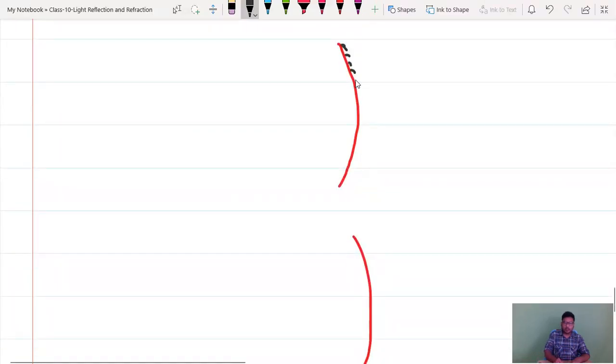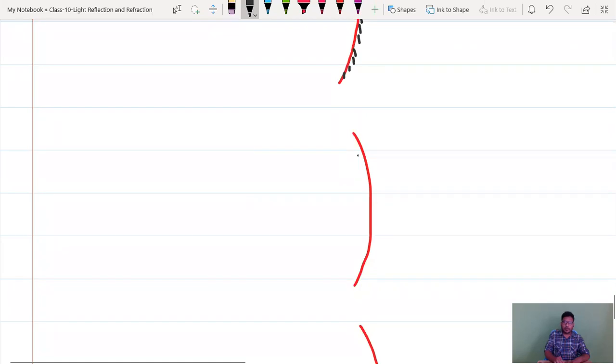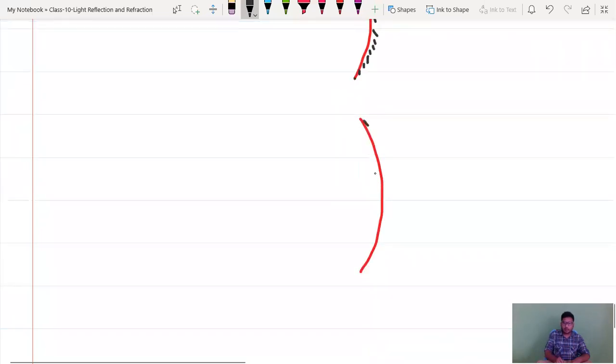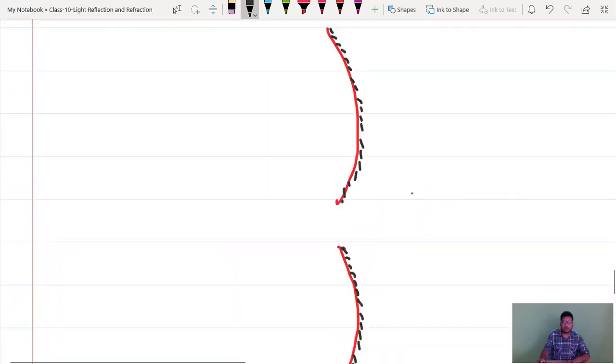If you can't draw these curves, arcs, you can use bangles. You can ask your mom to give a bangle, or you can use a compass to draw these arcs. Next, what we have to do?